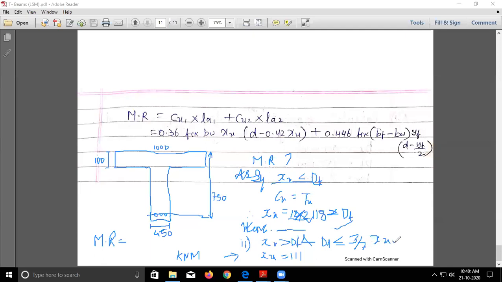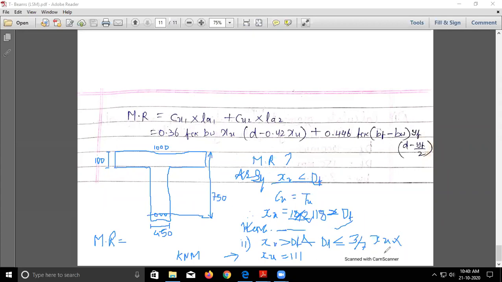Second condition, is it satisfied? Just tell me. Okay, 3/7 Xu is 47. So Df is 100, and 100 is not less than 47. So the second condition is not satisfied.